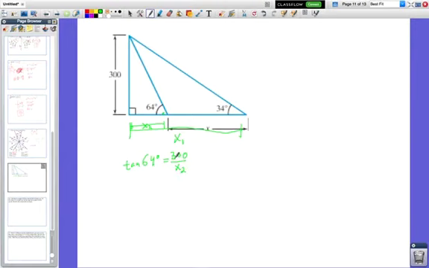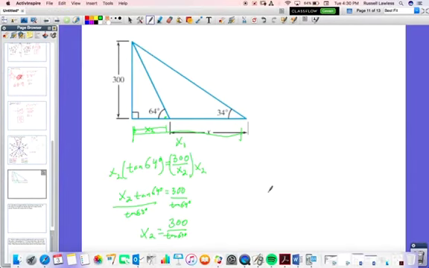Now I'm going to multiply both sides by x sub 2 to get x sub 2 by itself on this side. So that'll be x sub 2 tangent 64 degrees equal to 300. Well, now I need to get rid of my tangent. So I'm going to divide both sides by the tangent of 64 degrees, which will give me x sub 2 is equal to 300 over the tangent of 64 degrees.